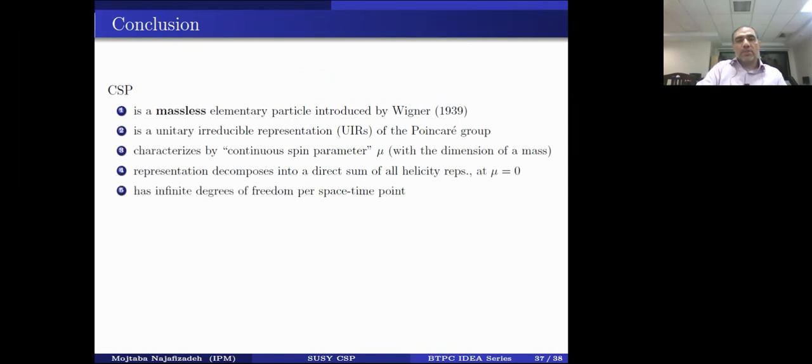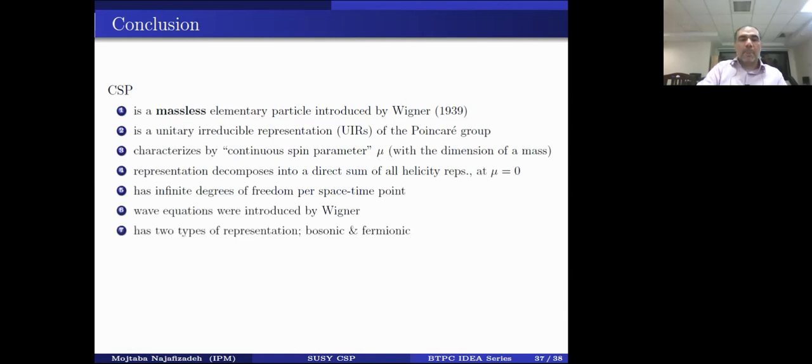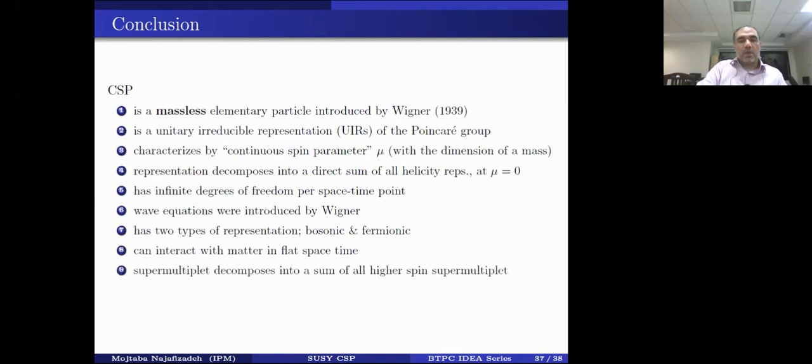It has infinite degrees of freedom per space-time point. Wave equations were introduced by Wigner. It has two types of representations, bosonic and fermionic. It can be interacting in flat space. And we studied its supersymmetrization and found that the supermultiplet decomposes into a sum of all higher spin supermultiplets.